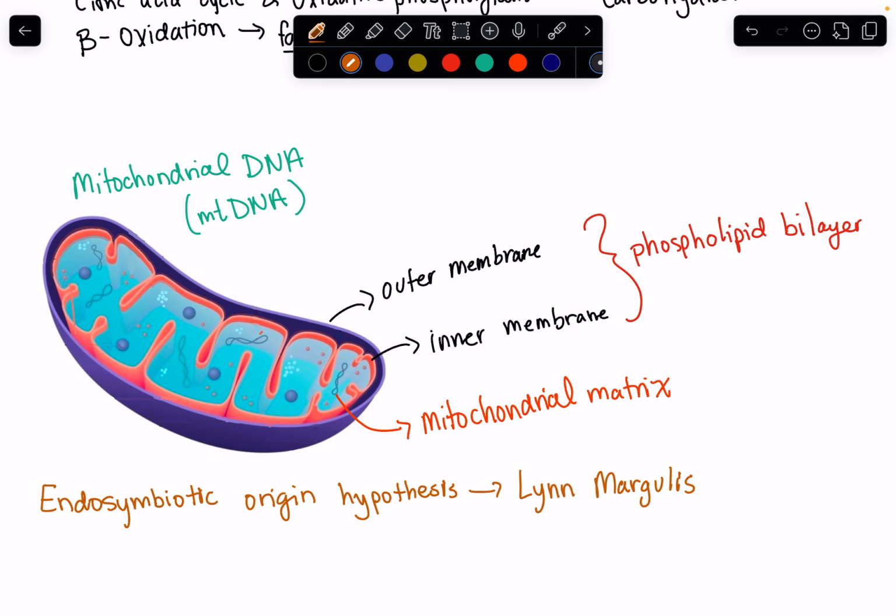So in this way, it has evolved to now become a part of the cell and its function. And what it does is it provides energy. We know that it provides energy for our cells.